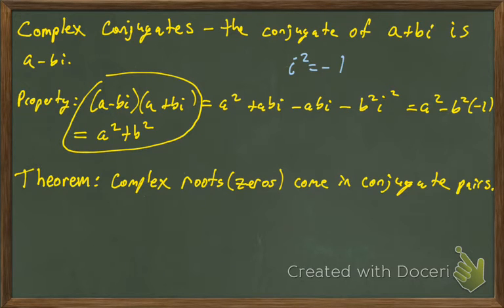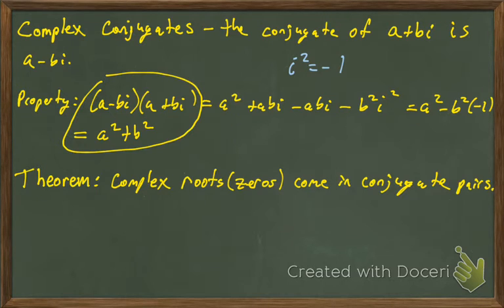Complex conjugates. The conjugate of a plus bi is a minus bi. Notice the a and the b are the same, other than we have a plus or a minus, so the sign is different for the conjugates. Recall that i squared is minus 1. And then we have a property. If we multiply a complex number by its conjugate, a minus bi and a plus bi, you can go through the details, and that gives you a squared plus b squared.